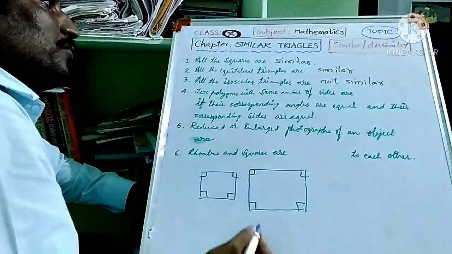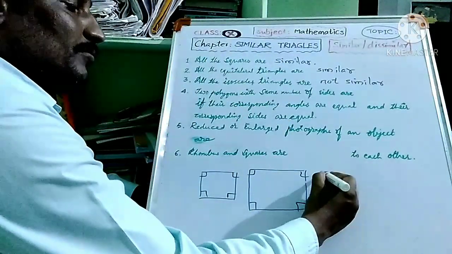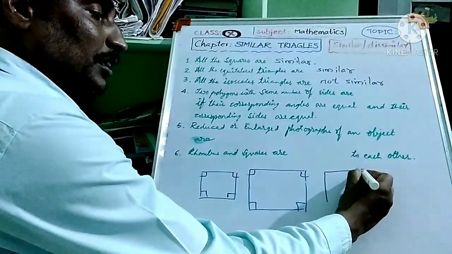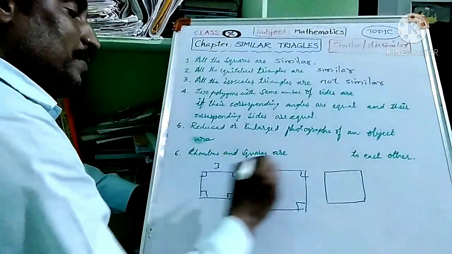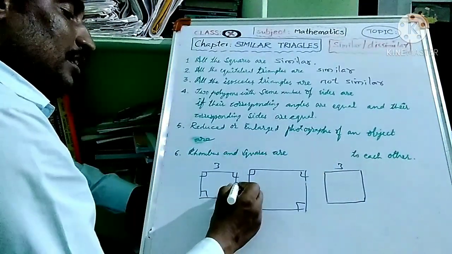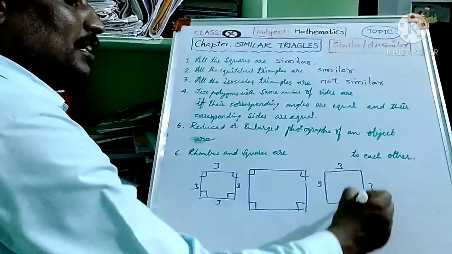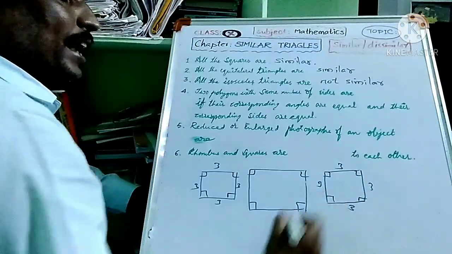We have already discussed the squares. Here, suppose we take another square with another length, suppose this is 3. So square means all sides are equal, 3, 3, 3, 3. All angles are equal, therefore all are 90 only.